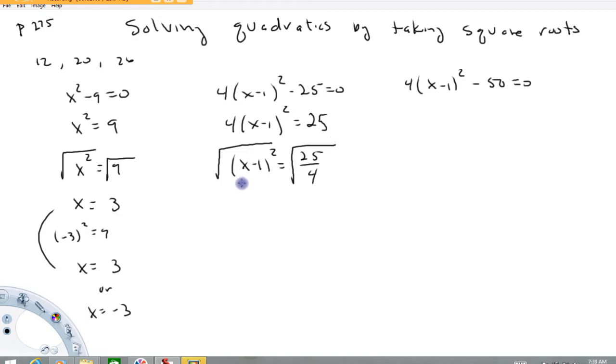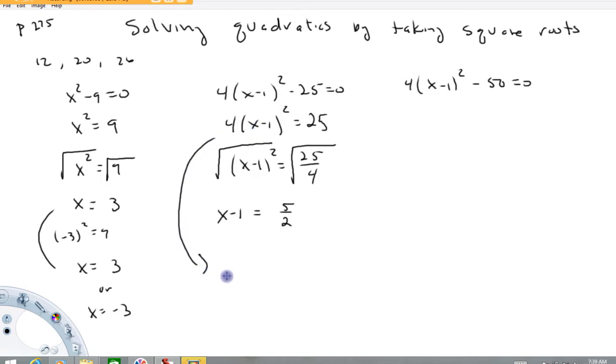Left-hand side, when we take the square root of x minus 1 squared, we're going to get x minus 1. Now, the right-hand side, the square root of 25/4 is 5/2. But very similar to the previous example, the 5/2 is what's called the principal square root. But when you study this equation, I probably should have done this.